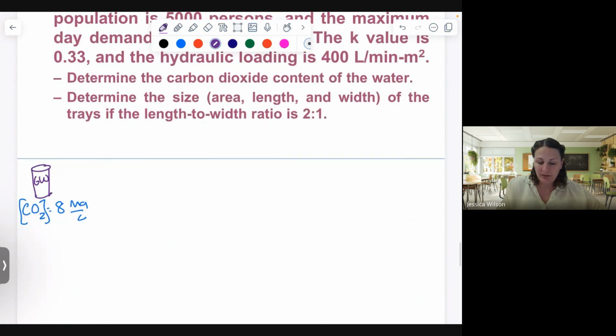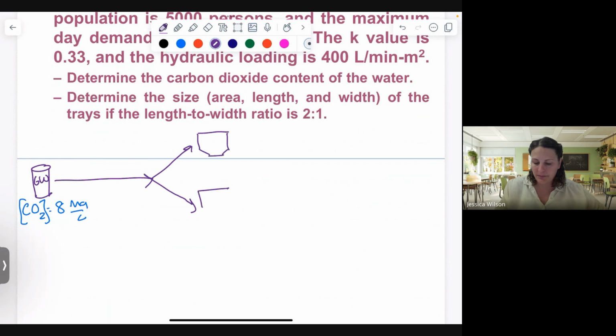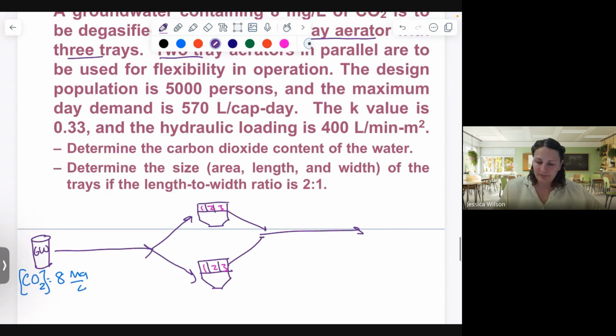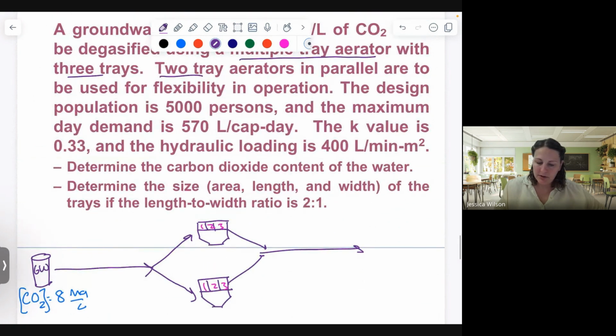We're pumping out this groundwater here, and it's being split into 2 different tray aerators. Each tray aerator has 3 trays, so 1, 2, 3, 1, 2, 3, and then comes back out.